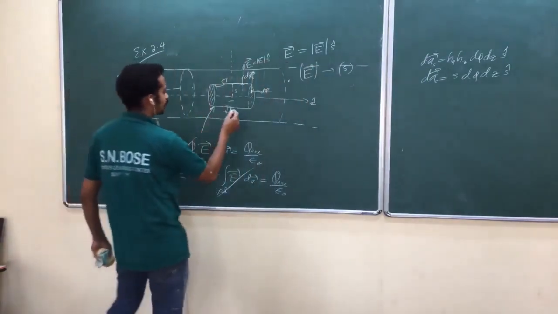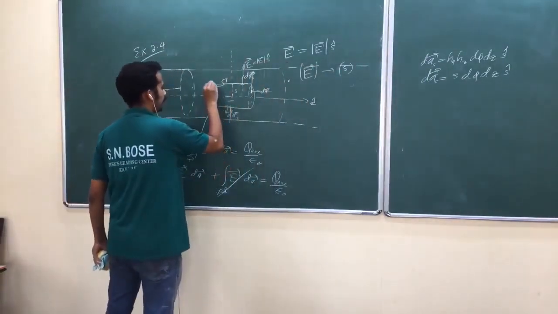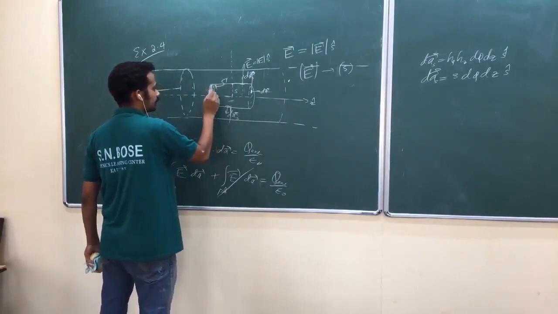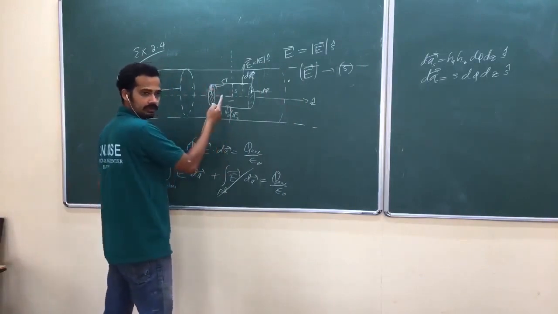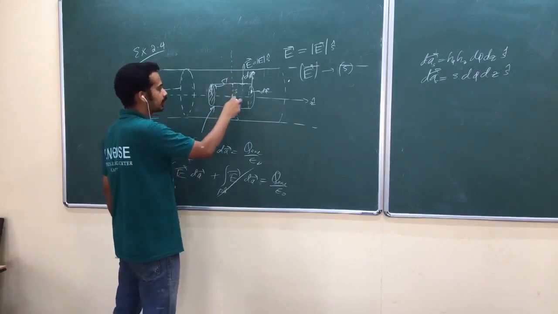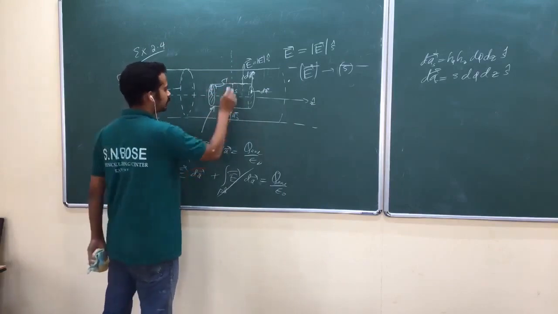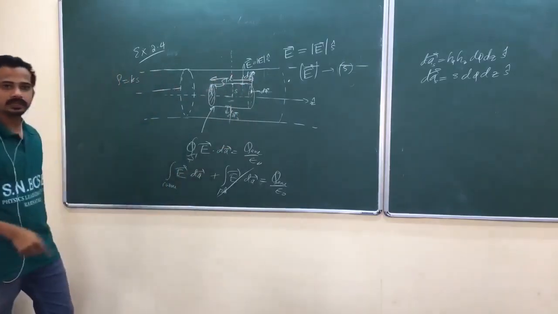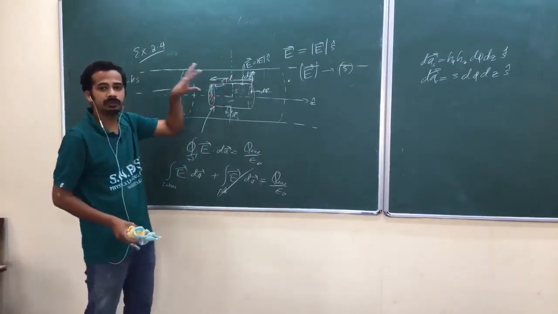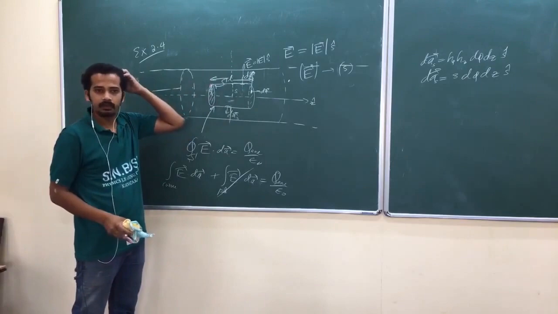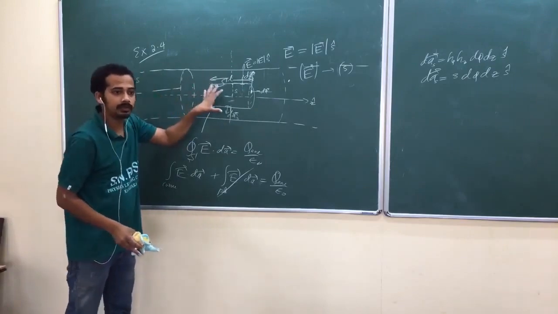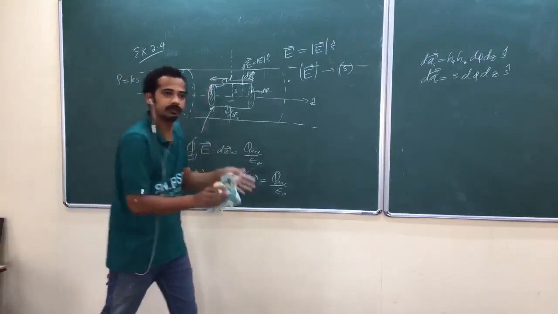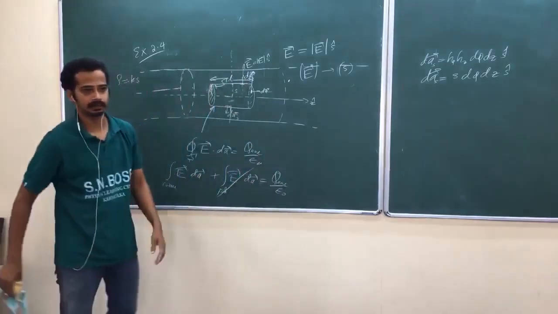Now I haven't said what the length of this is. I should have given the dimension. The radius of this cylindrical surface is S, obviously, because you needed the electric field at a distance S. What is the length? Take it as L, the length of that Gaussian surface. This is an imaginary surface on which we are applying Gauss law to find the electric field.